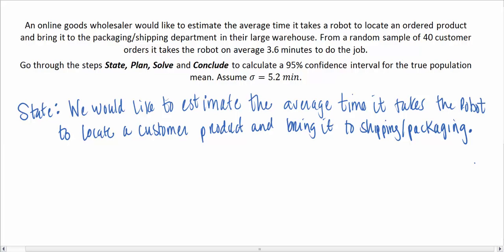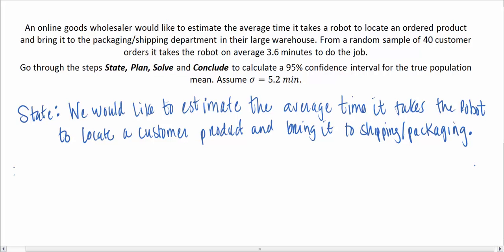The next step is to plan. In this step, we want to define our parameter that we're looking for. So the parameter in this case is equal to mu, the population mean. This means that we're going to do a certain type of confidence interval.